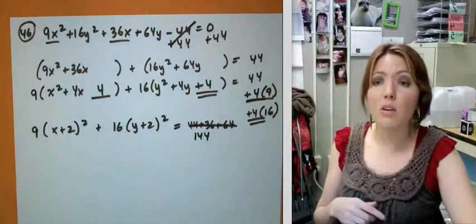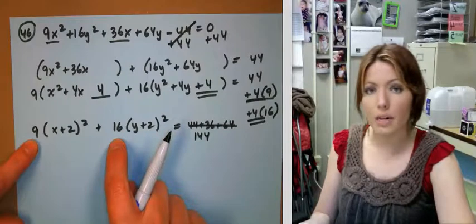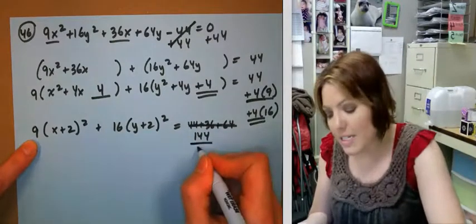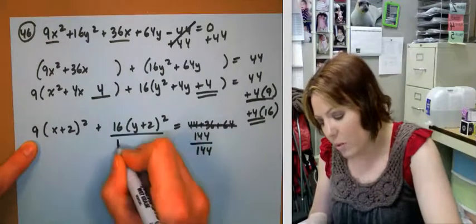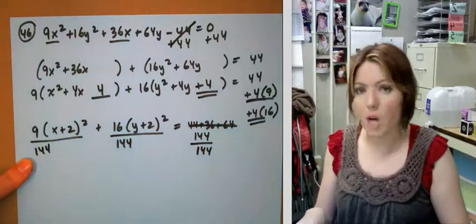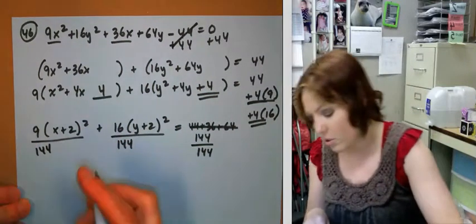Okay, this is not in standard form yet. We have different coefficients here, which means we have something other than a circle, which means we have to divide by whatever's on the right to get it into standard form. Always remember that. If there are different coefficients, you have to divide to make sure it's in standard form.